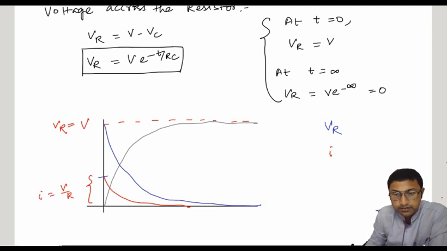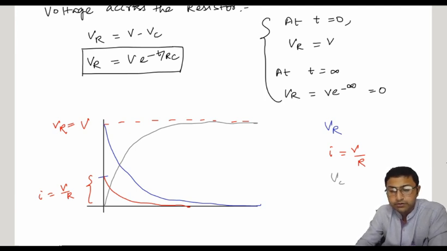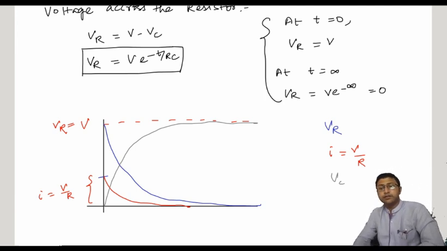The red one is I, that is equal to V by R, and the gray one is the voltage across the capacitance. It starts from 0 and finally reaches the steady state value of 10 volt. So this is all about the series RC circuit when the switch is on.